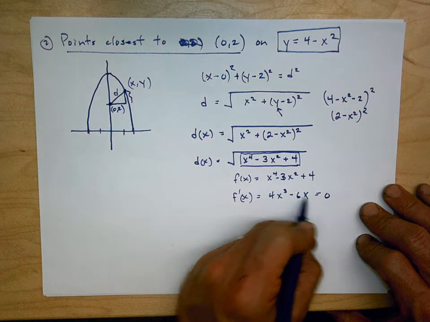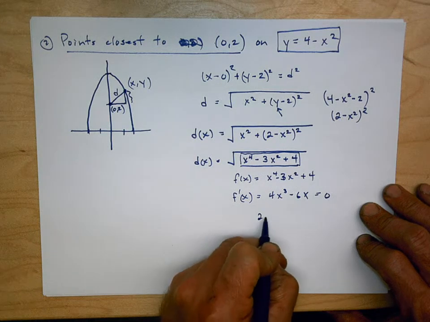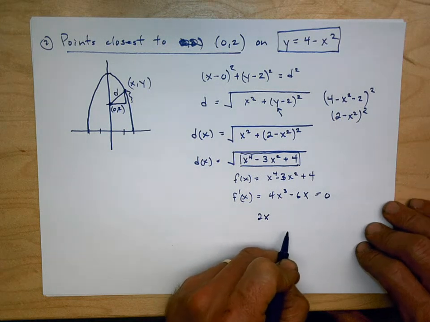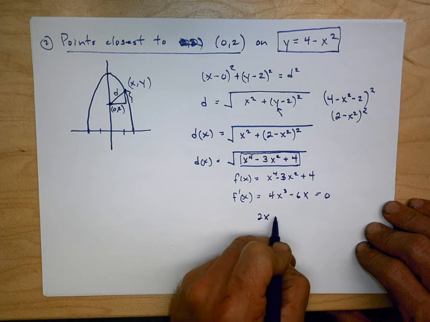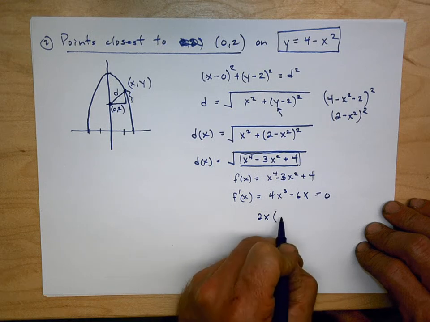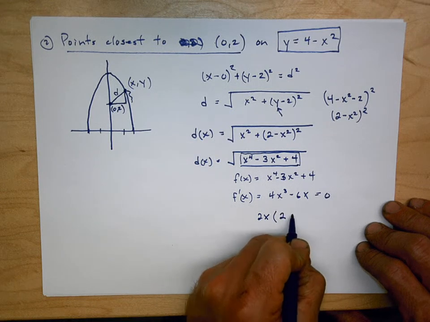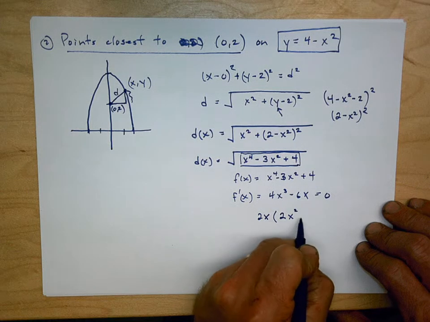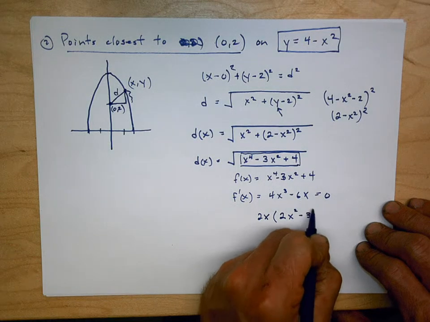Now we can factor out a 2x here, and that leaves us with 2x squared minus 3. We set that equal to 0.